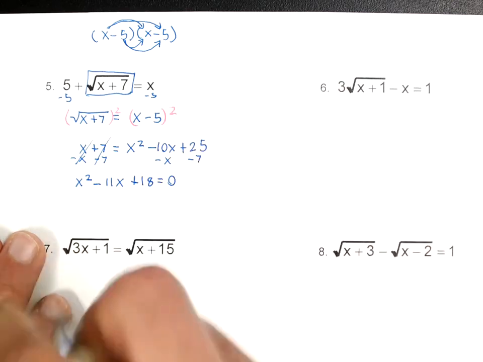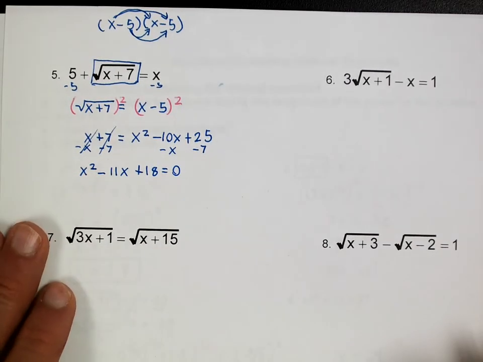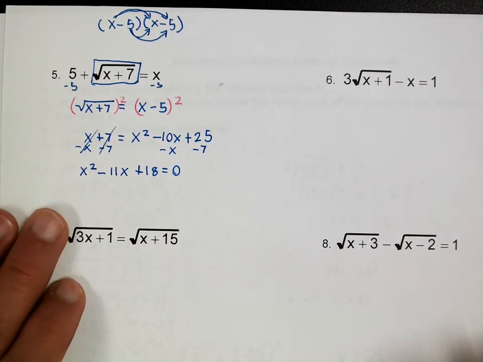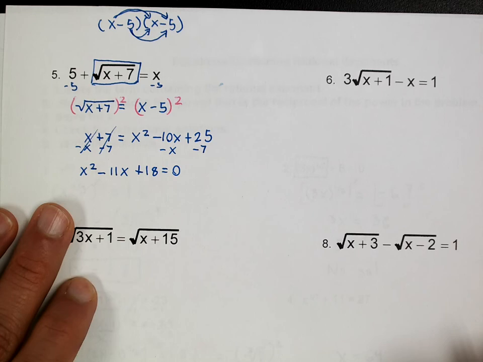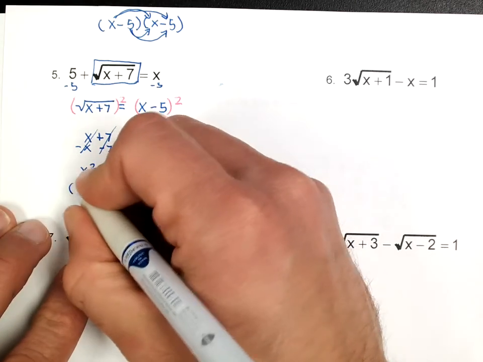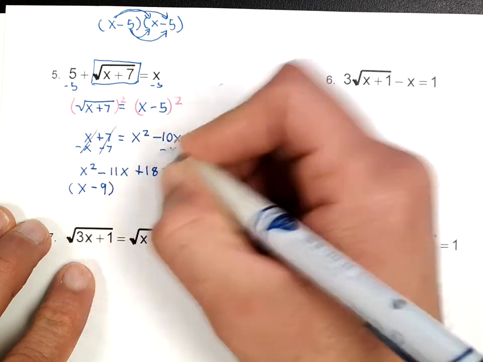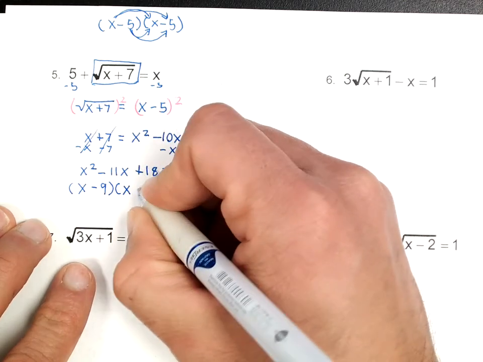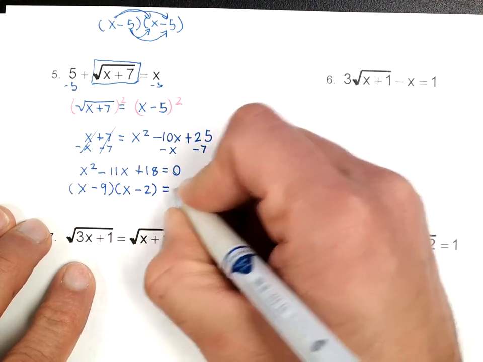And then now I have to go ahead and try to factor this or use the quadratic formula to solve for this. Luckily for me, this is factorable. Factors of 18 that add up to 11 are 9 and 2. So this will give me two answers.